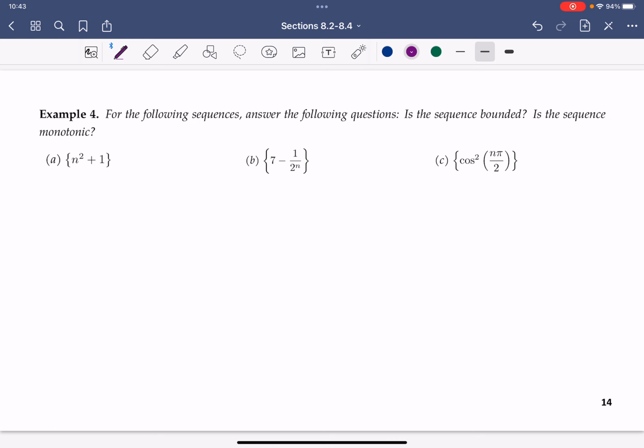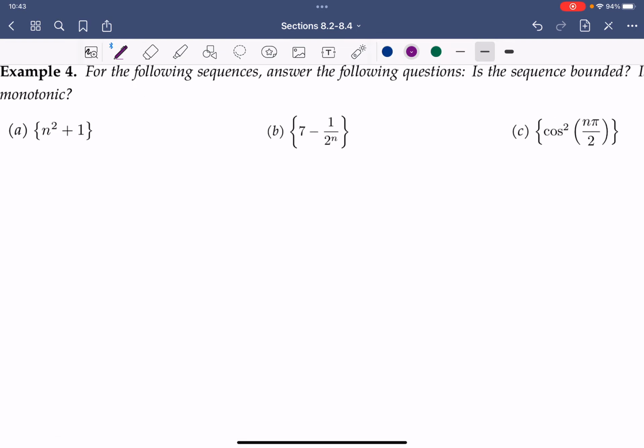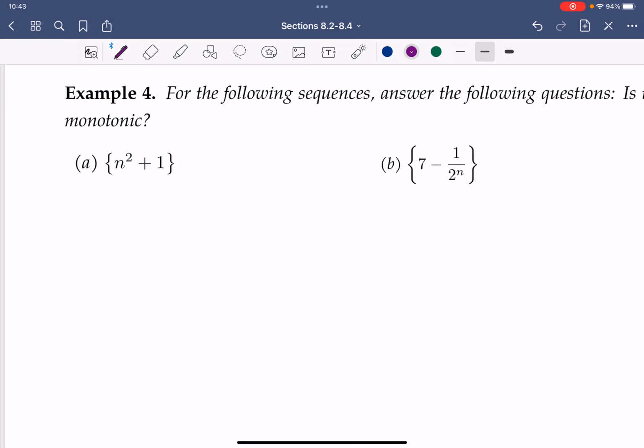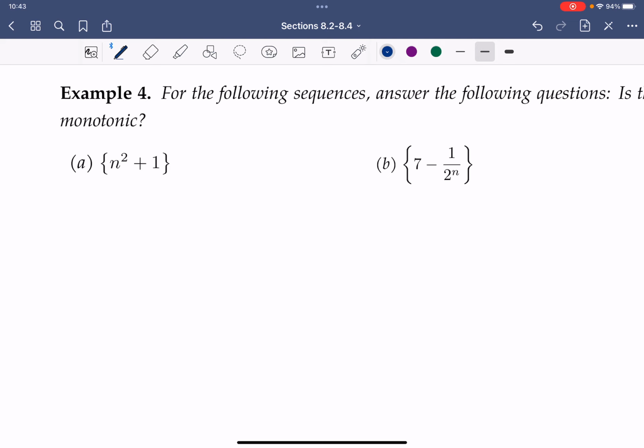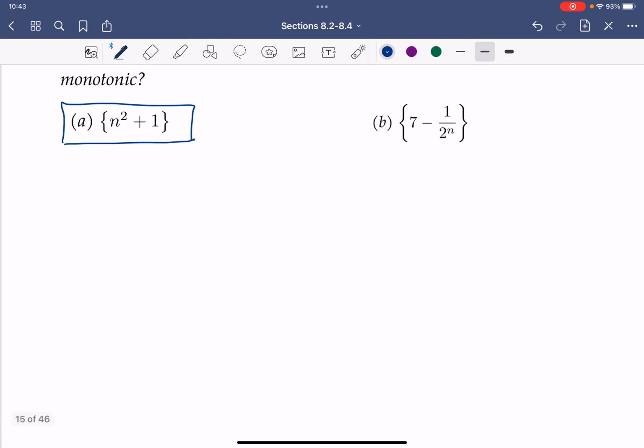I give you these 3 sequences. Can you tell me which one is bounded and which one is monotonic? Let's start with question A. We have a_n equal to n squared plus 1.